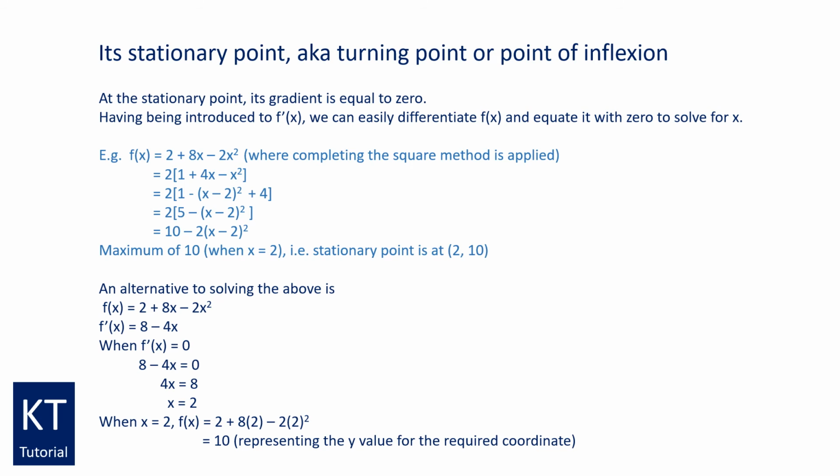From our learnings on differentiation, we have an alternative to solving the above. We could start by differentiating the function and equating it to 0 in order to solve for x, then identify y by placing this value of x into f(x).